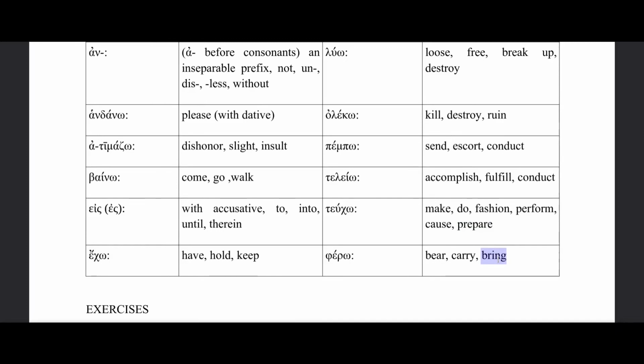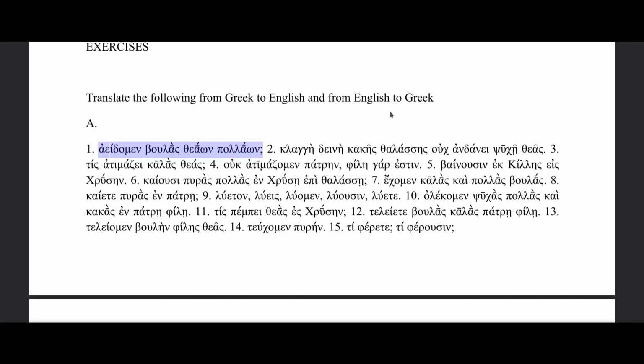Now, as in the last lesson, we will supply our students with a few translation examples to guide them with their home study. Let us begin with an example from the first group, the Greek to English group. Aidomen boulas theaon polaon. And there is a question mark in the ending, which means that this is a question.